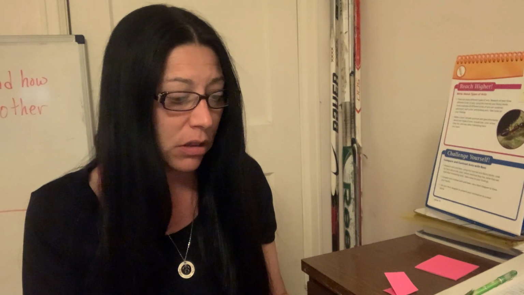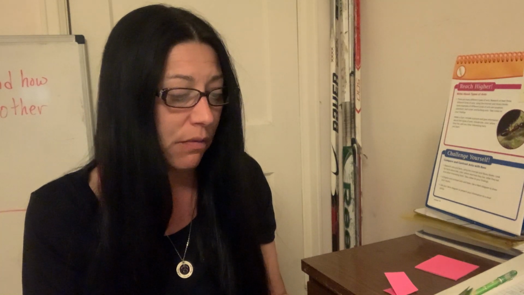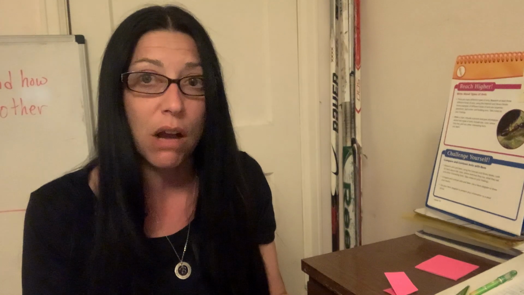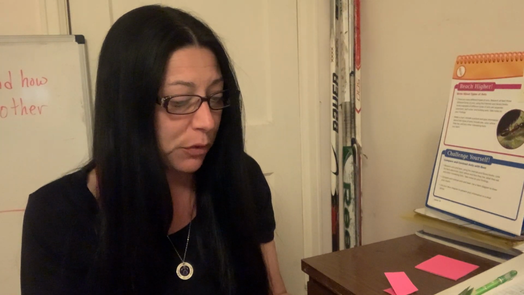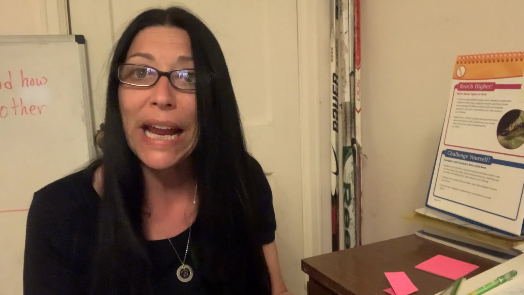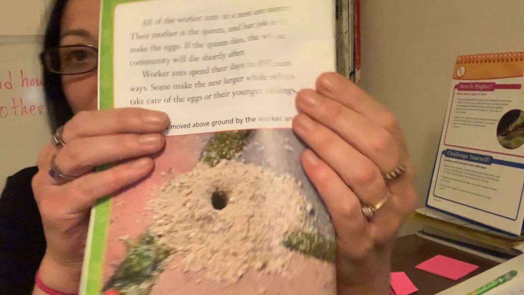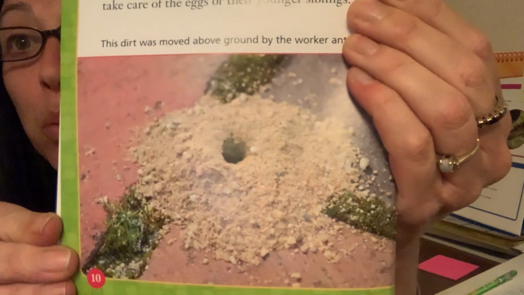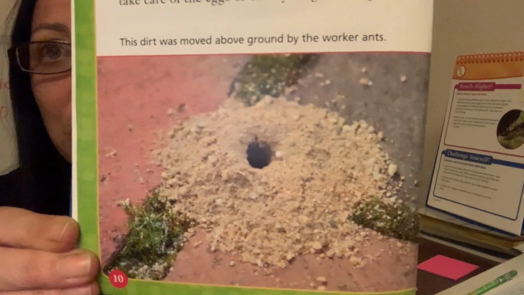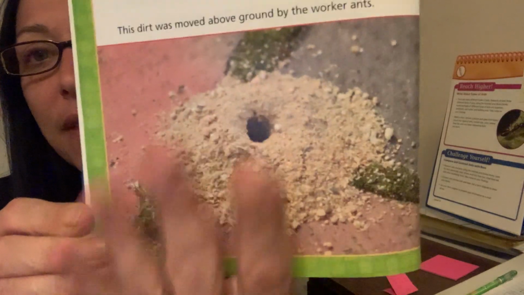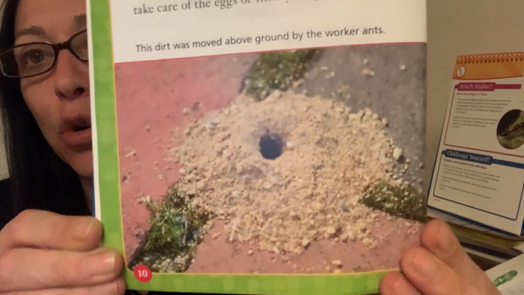Some make the nest larger, while others take care of the eggs or their younger siblings. This dirt was moved above ground by the worker ants. And that's often what we see, right, when we see an ant hill. So that's the excess dirt that they've taken out so they can create those chambers.